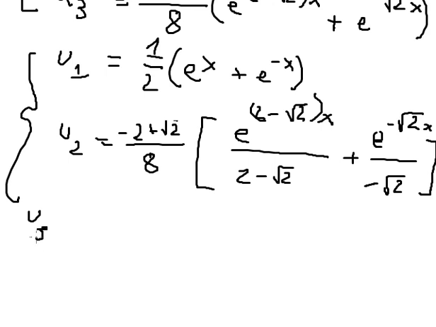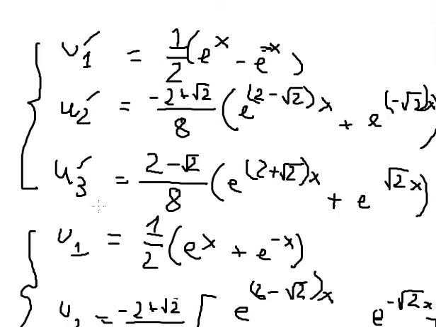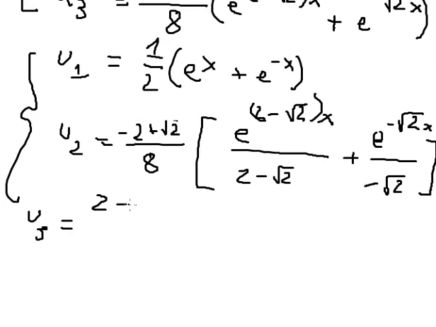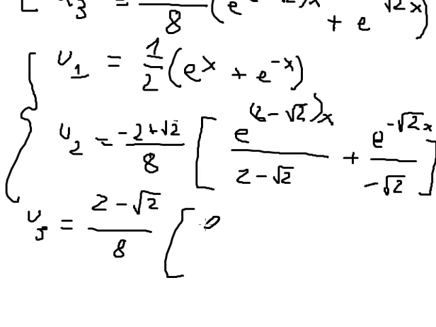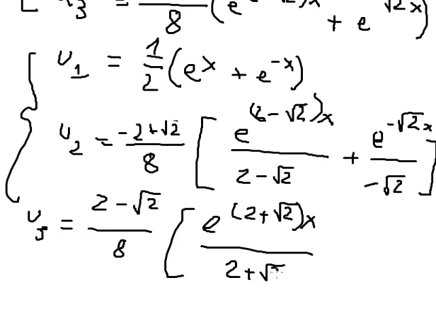U number 3, that is about number 2 minus the square root of number 2 over number 8. So for this one, they should be like this.